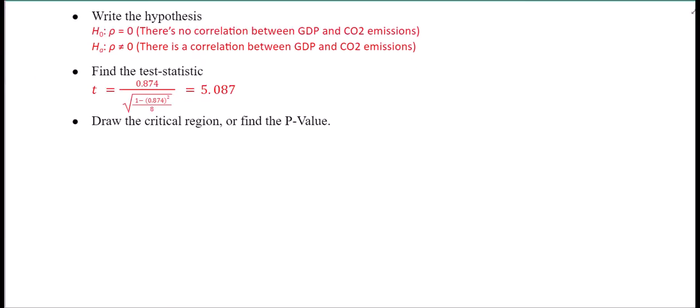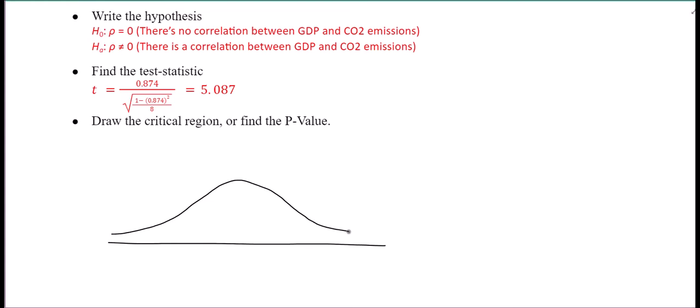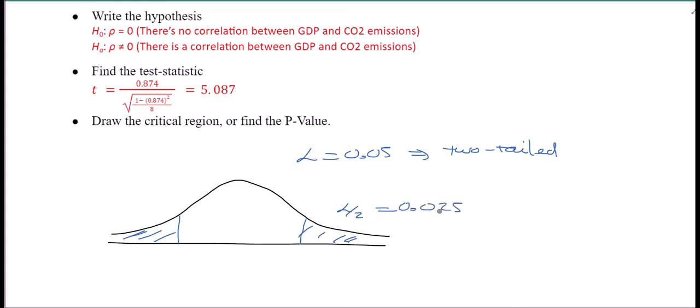So we will draw our t-distribution, which kind of looks like a bell curve, right? Based on the table, we know that with alpha equals 0.05, and it was a two-tail test, I'm going to have alpha over 2 at each tail. So alpha over 2 will be 0.025 on each side.